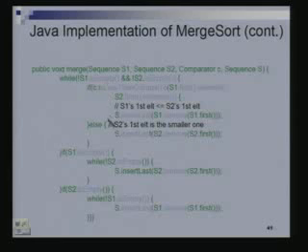You are essentially repeating this. If this is not true, then you will remove the first element of S2 and insert it into S, and you keep repeating this till either S1 or S2 becomes empty.